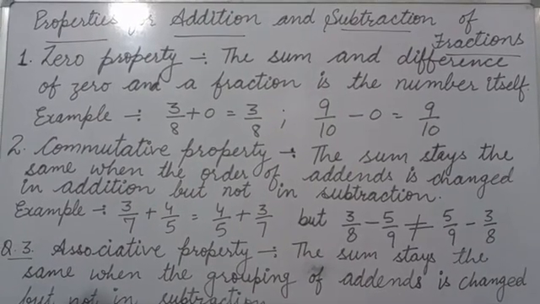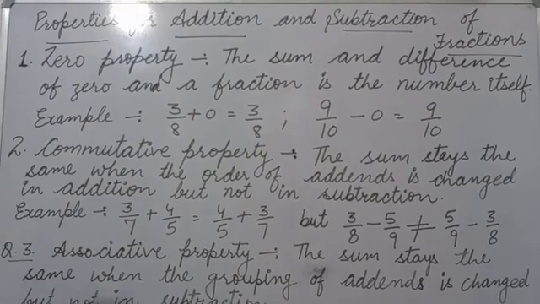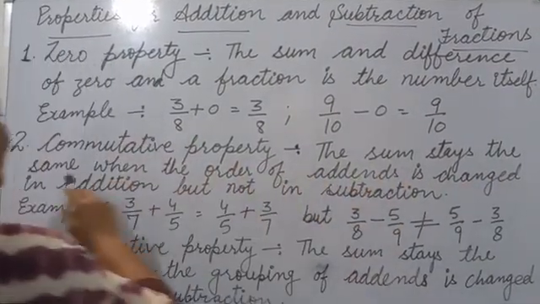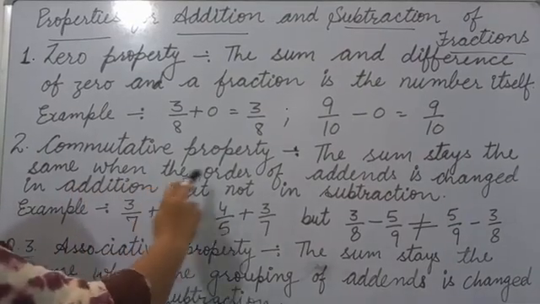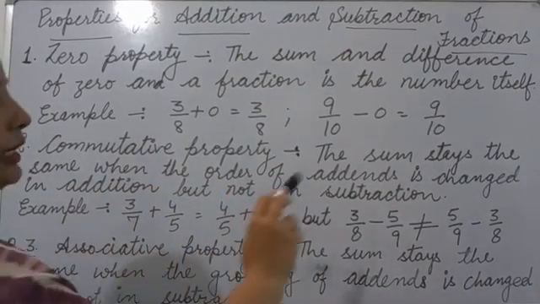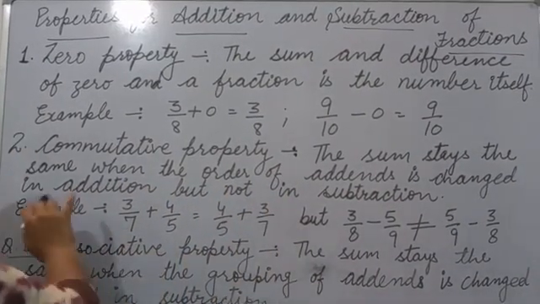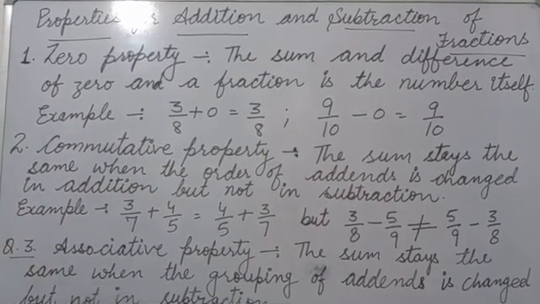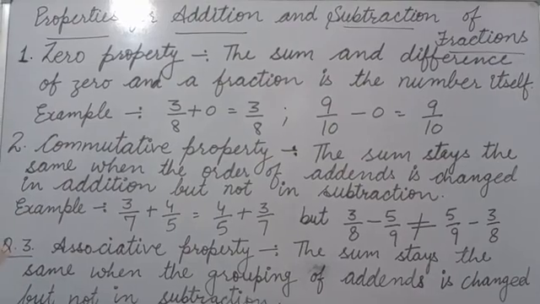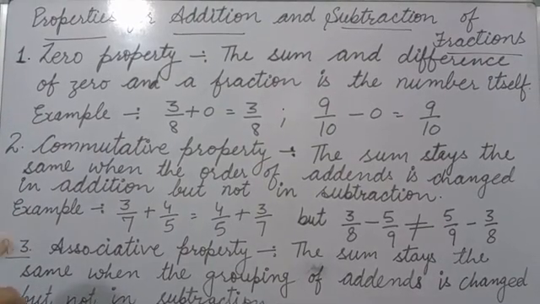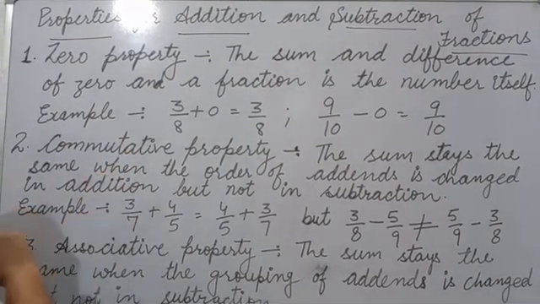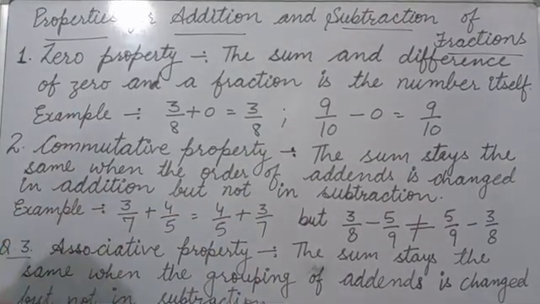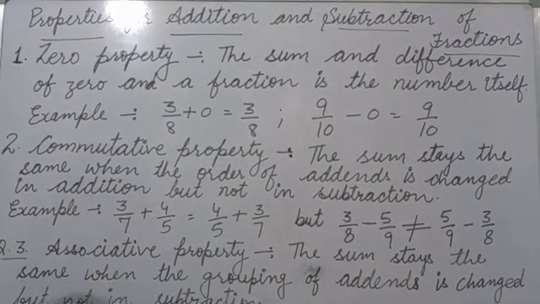The sum stays the same when the order of the addends is changed in addition. So when we change the order of addends, the sum remains the same. That is called the commutative property. But this does not happen in subtraction. Only in addition.